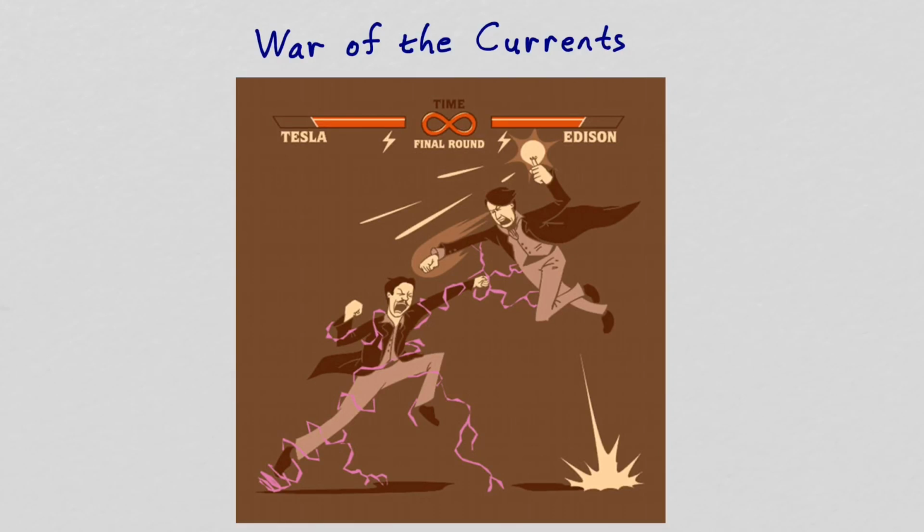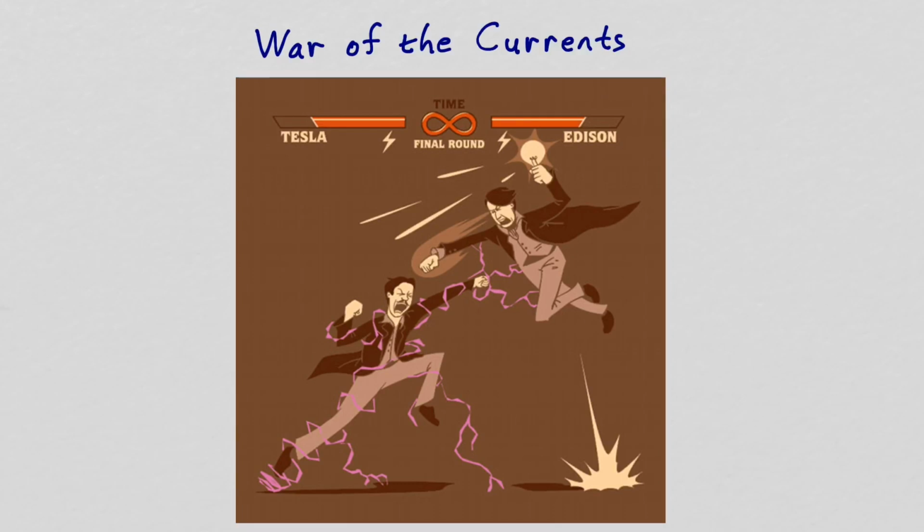Edison's DC power distribution system had limited range because of the I squared R losses in the wires carrying the electrical power. With transformers, Westinghouse and Tesla could step up the voltage and step down the current, thereby greatly reducing the I squared R losses in the wires carrying their AC power.